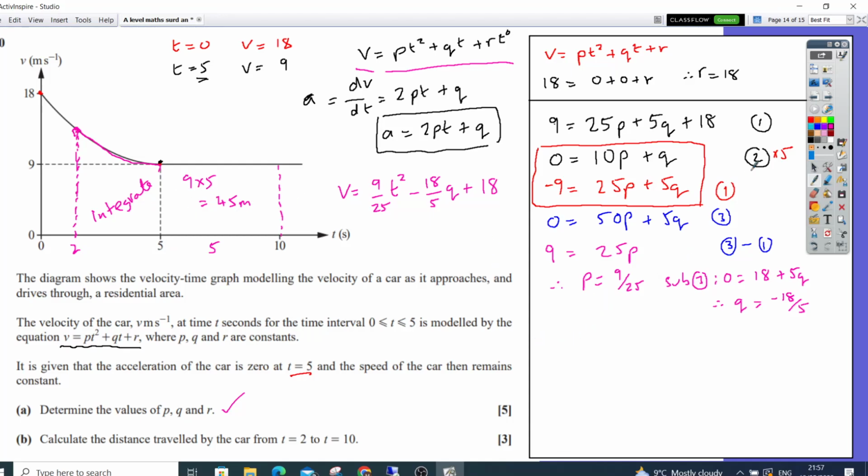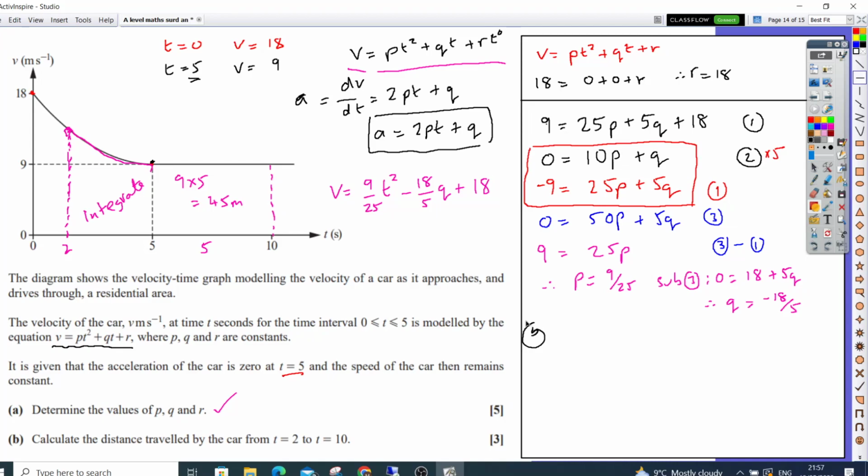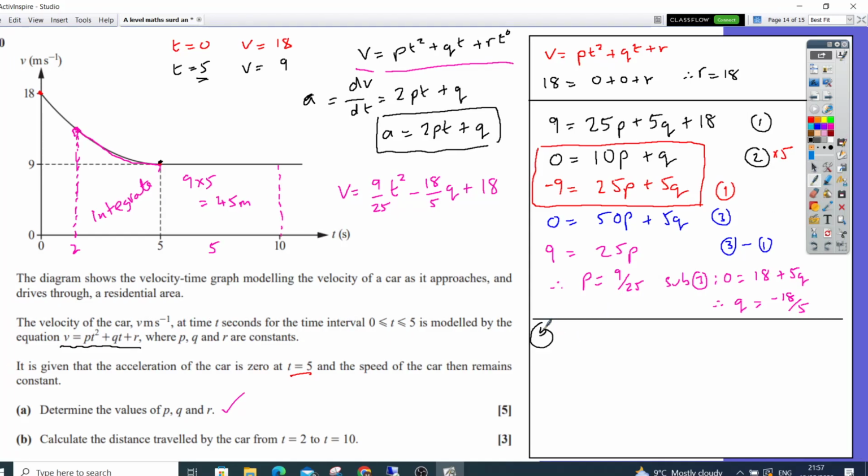So this is part B. Okay. Cool. Right, let's carry on with this. So now I know that's 45, and the other area, which I'm going to just do from my calculator, I'm just going to plug it in.